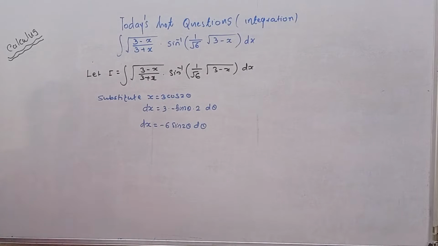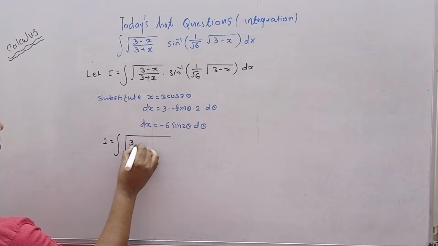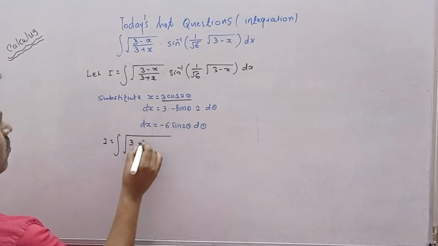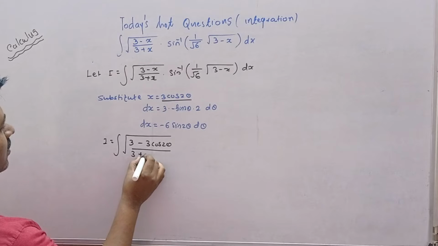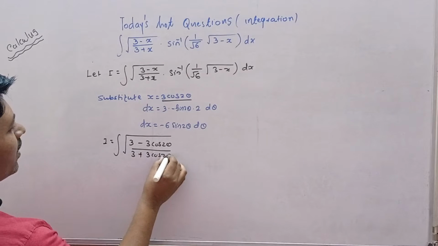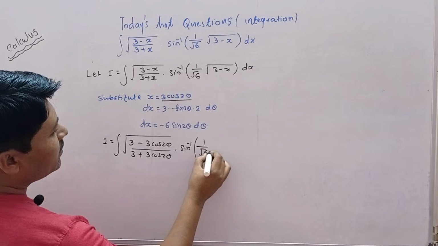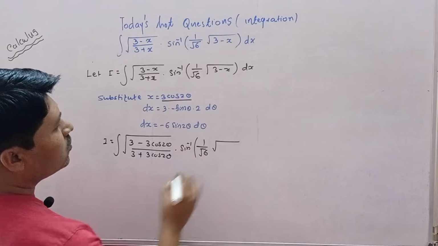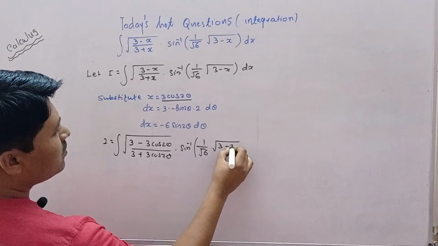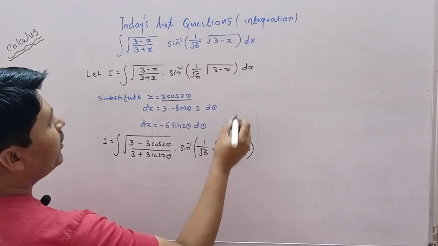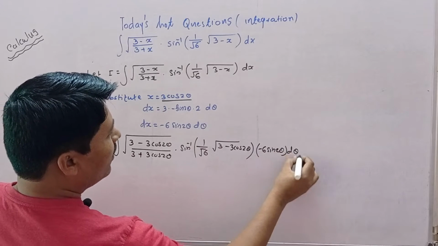This integration becomes I is equal to the integration of root of 3 minus x, which is 3 minus 3 cos 2 theta, divided by 3 plus 3 cos 2 theta, into sine inverse of 1 upon root 6 times the root of 3 minus x, which is 3 cos 2 theta, and dx is equal to minus 6 sine 2 theta d theta.